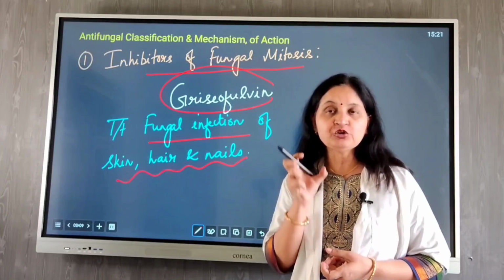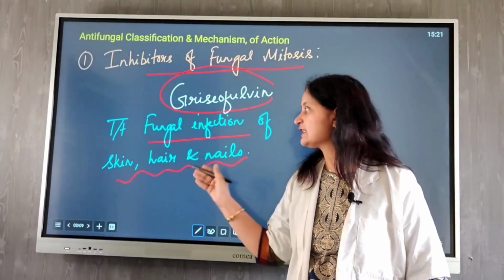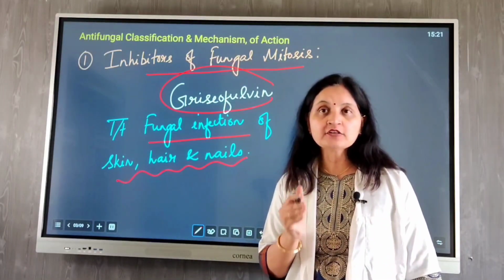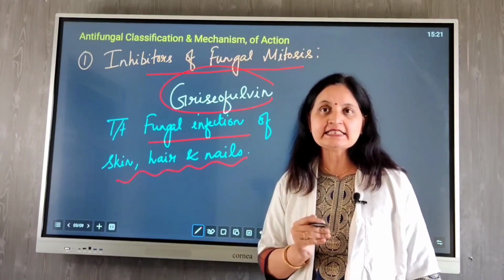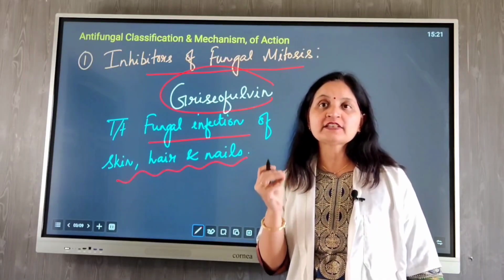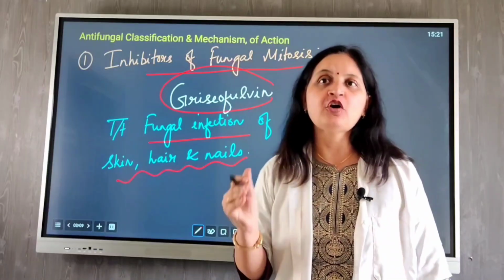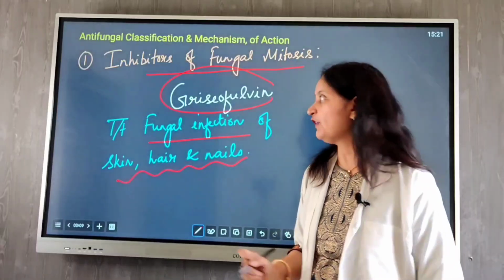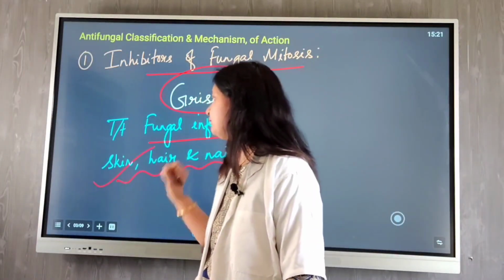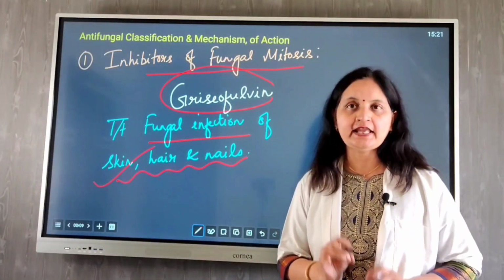It binds tightly to differentiated cells such as skin, hair and nails, and because of this tight and prolonged association, the new growth of skin, hair and nails is free from dermatophyte infection, and therefore griseofulvin is useful for the treatment of infections of skin, hair and nails.